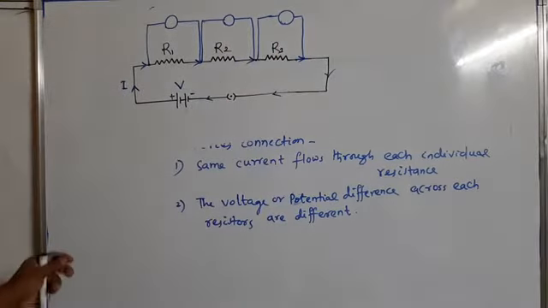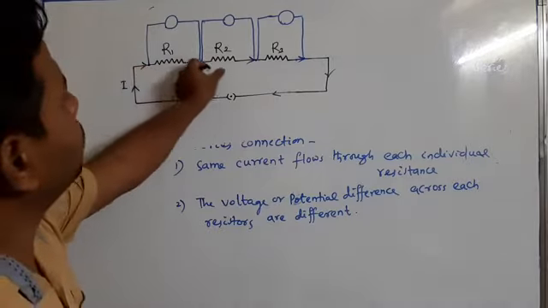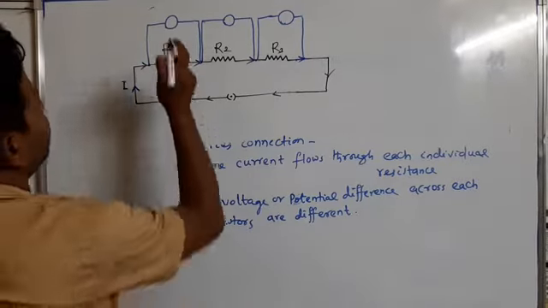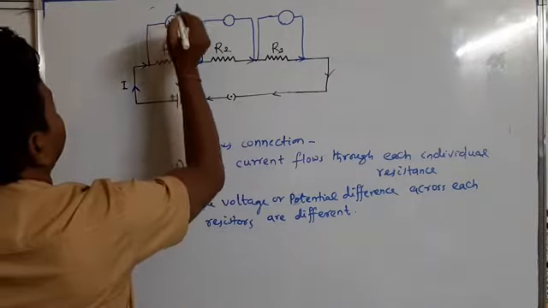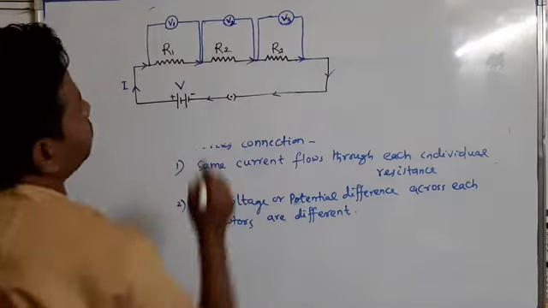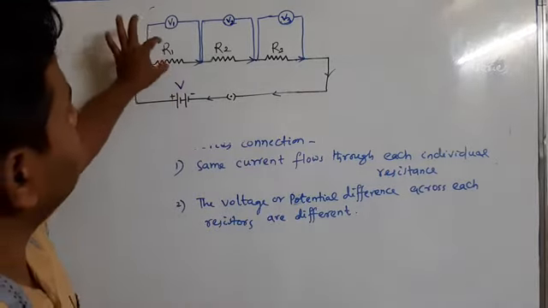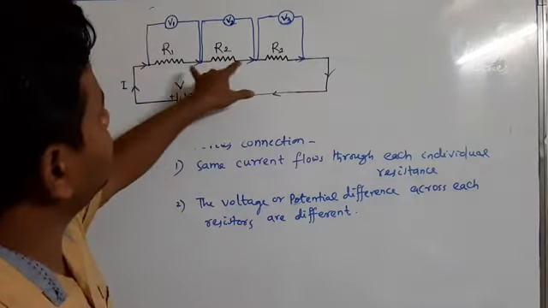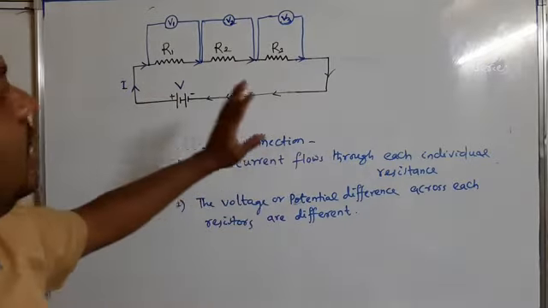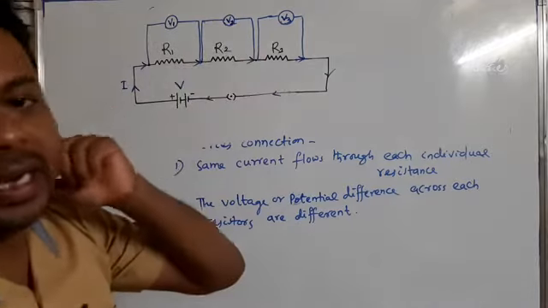So the individual potential difference of each resistor will be different. This will be V1, this will be V2, and this will be V3, because as the resistances of the three resistors are different, hence the voltage across each resistor will be different.